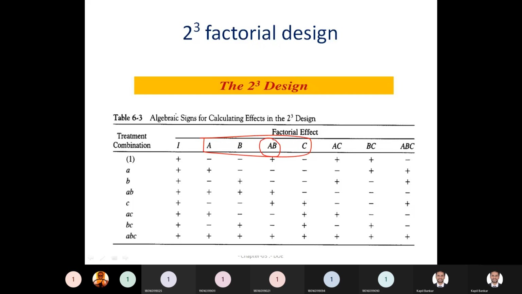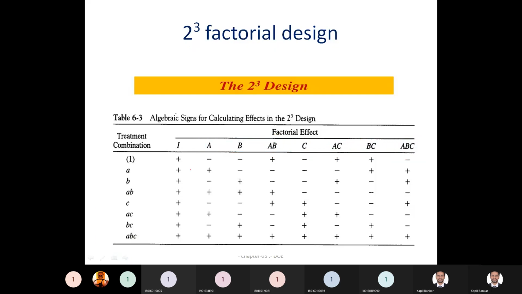But here all the main effects as well as interaction effects, that is AB, AC, BC, and ABC, are there. That's why it is called the design matrix plus model matrix, and that is called the 2 raised to 3 full factorial design.